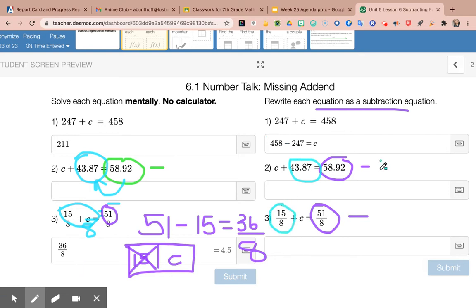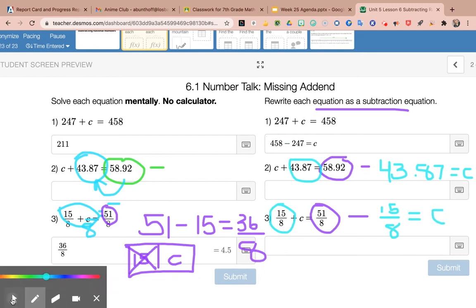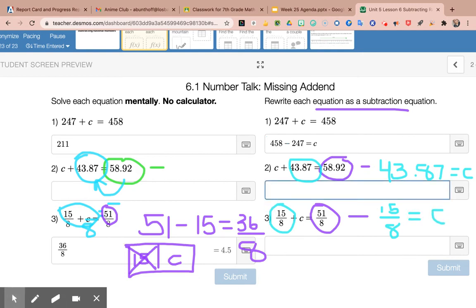This one I'm subtracting 43.87, and that equals C, because that's the piece left over. For this one, I'm doing 15/8, and again, I'm left with C. So in here, you'll just type in whole. This works for any subtraction problem or any addition problem. Any addition problem, you can find the missing piece by subtracting the piece you have from the whole.